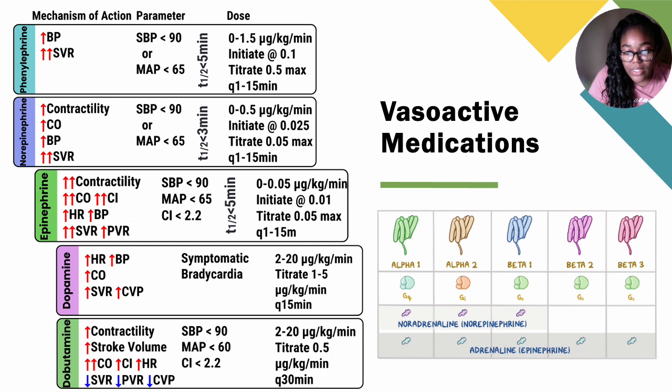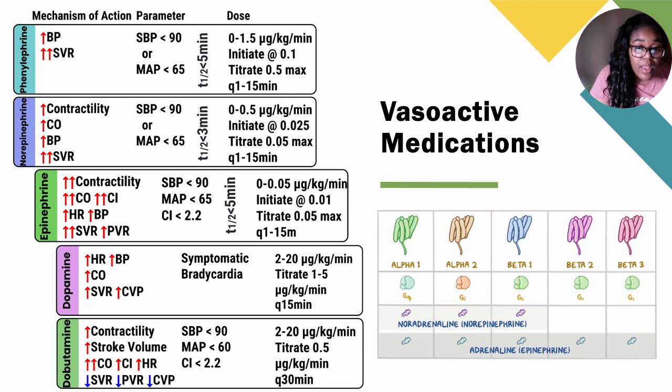We have adrenaline here, which is epinephrine, and you can see this in the form of an EpiPen and things along those lines, which is an IM injection. But you see the receptors it works on are alpha 2 and beta 1. So both of these would be non-selective because they stimulate two different types of receptors.